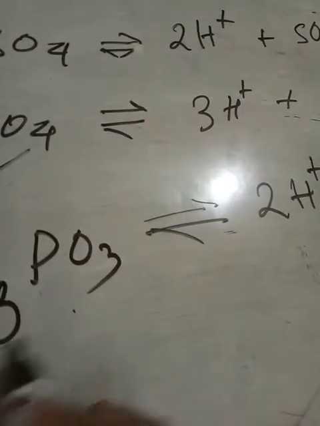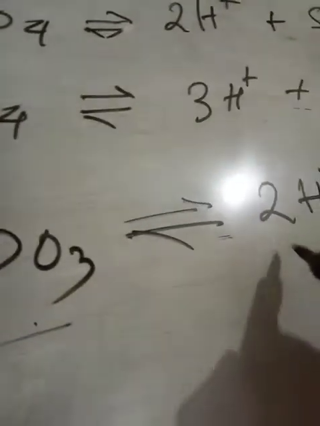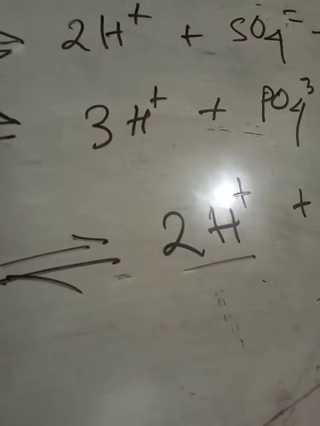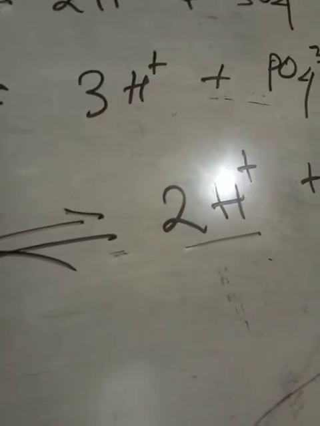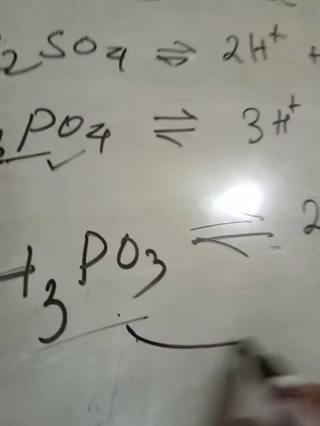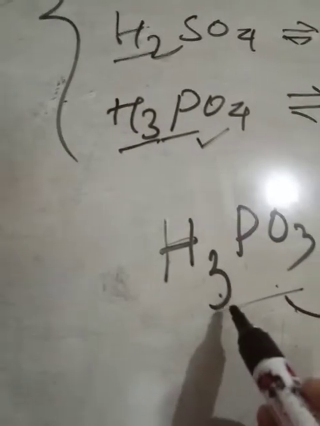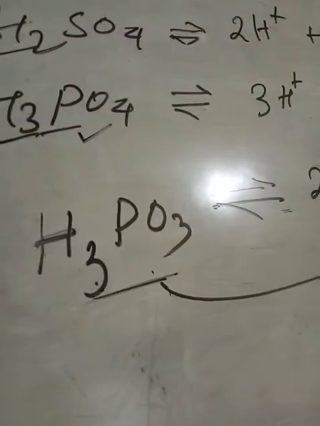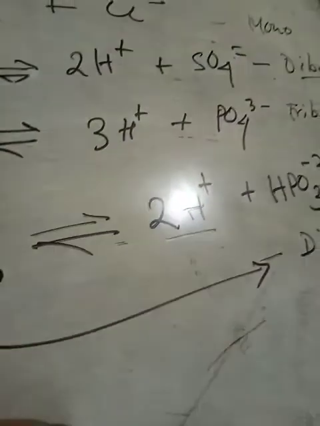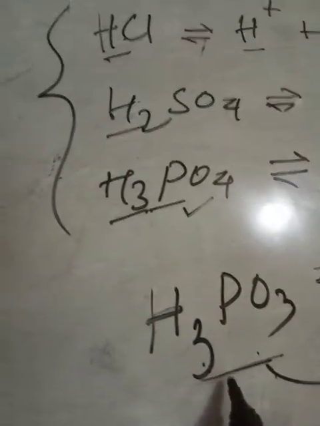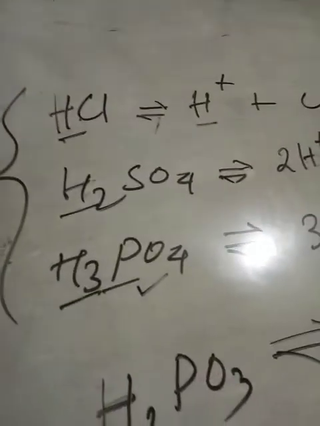So from one molecule of H3PO3 you get 2 hydrogen ions, so it is a dibasic acid. Although phosphorus acid contains 3 hydrogen atoms, it ionizes to give only 2 hydrogen ions. Hence, phosphorus acid is dibasic, but phosphoric acid is tribasic.